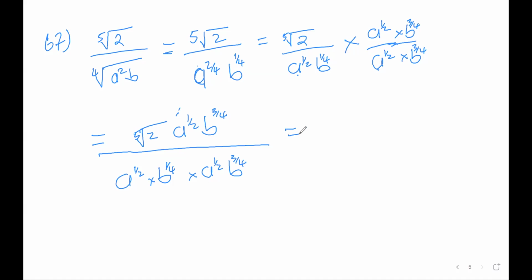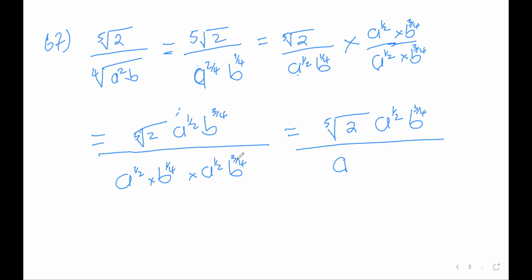By law 1, the whole thing is the 5th root of 2, a to the half, b to the 3 over 4 divided by a to the half times a to the half. We can add up their powers by law 1 to just get a to the 1, which is a, and then b to the 1 over 4 times b to the 3 over 4.